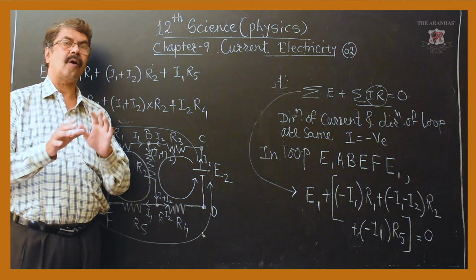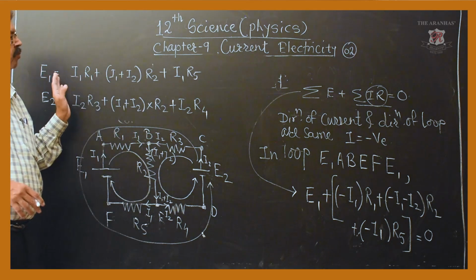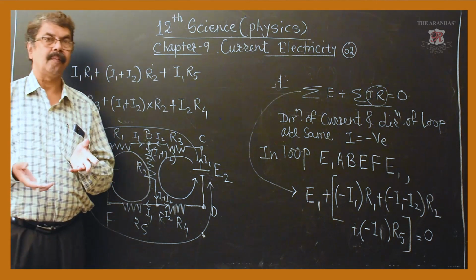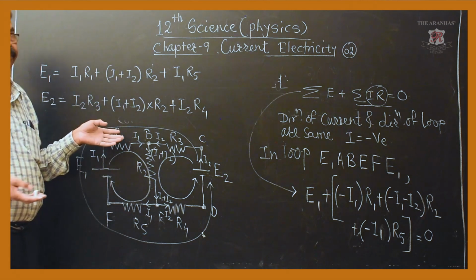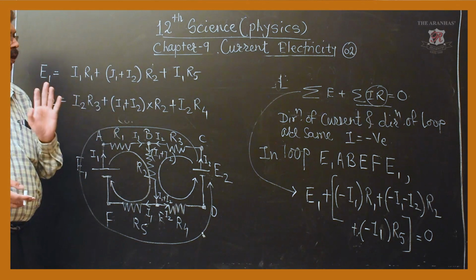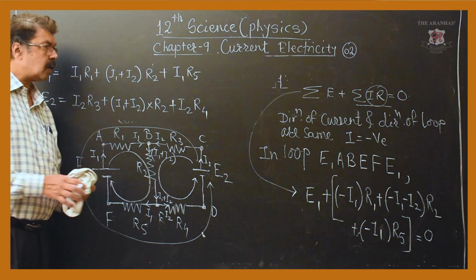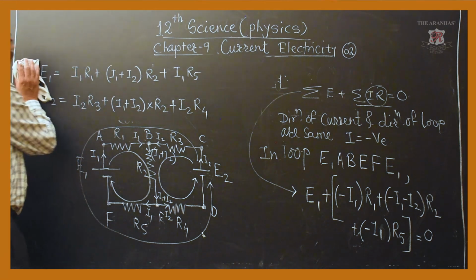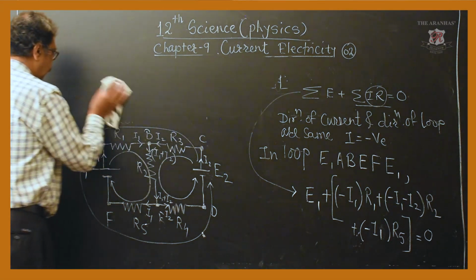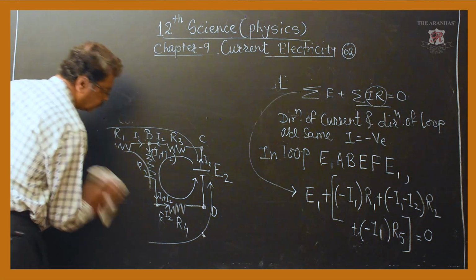I suppose that all of you are well acquainted with simultaneous equations in two variables. So we can solve them and get the values of the current. These are called Kirchhoff's current and voltage law, or Kirchhoff's laws of current electricity.